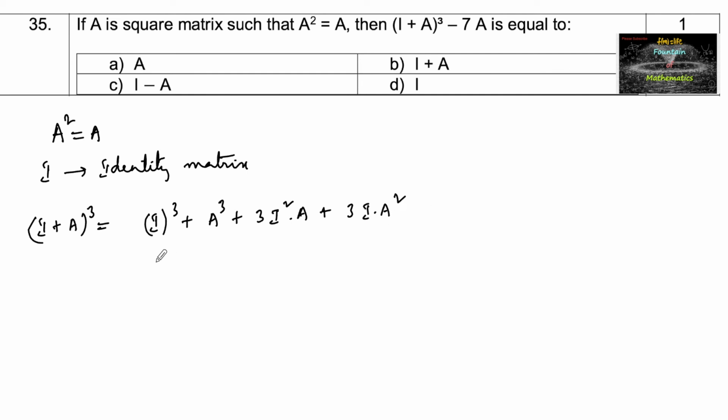I cube is identity matrix, for any power it is I only, and A power 3 we can write as A square into A, plus 3I square is again I times matrix A, plus 3I times A square is A.